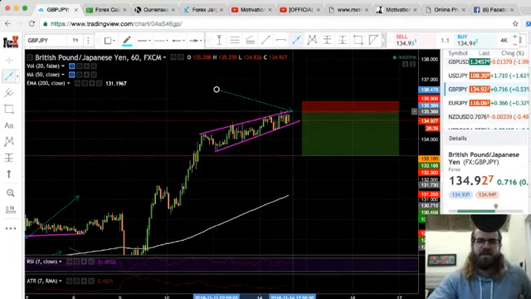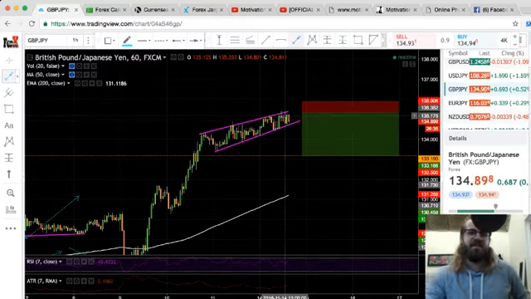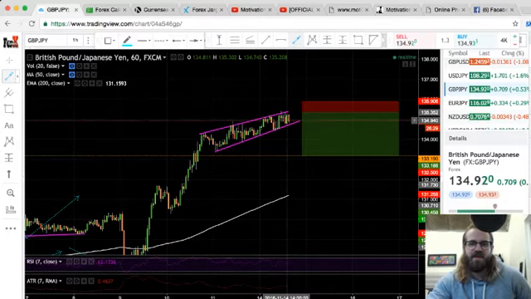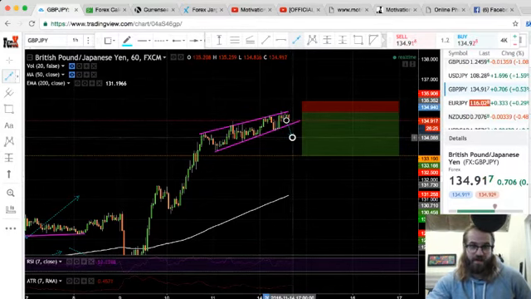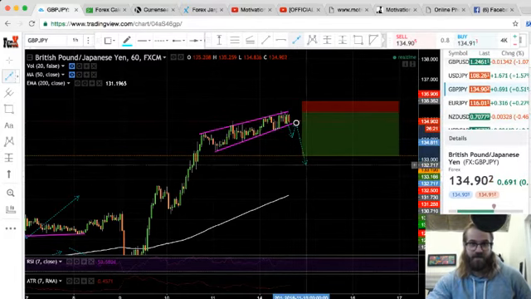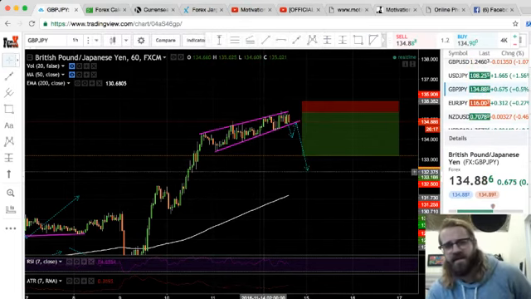The conservative way, and I would recommend actually this way for anyone who's not that aggressive trading the markets, is to wait for the break here, wait for the pullback, and then short it. Right? So it depends on you how you guys get involved here.